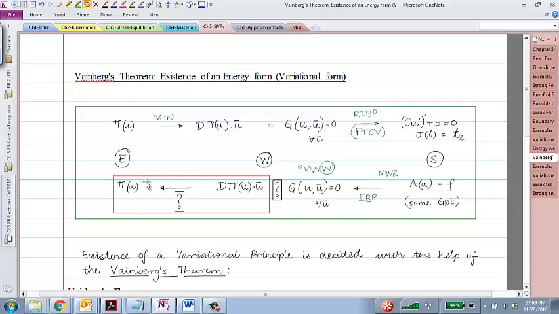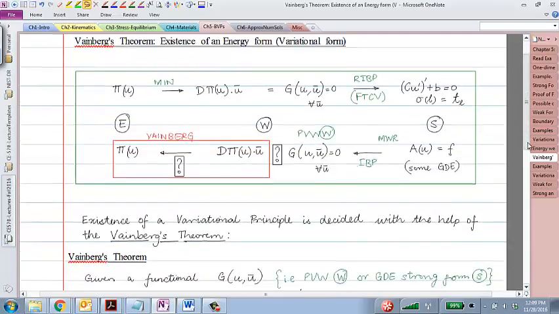In order to go from PVW, the principle of virtual work form, to the energy form, we must satisfy something called the Weinberg Theorem. What is the Weinberg Theorem?